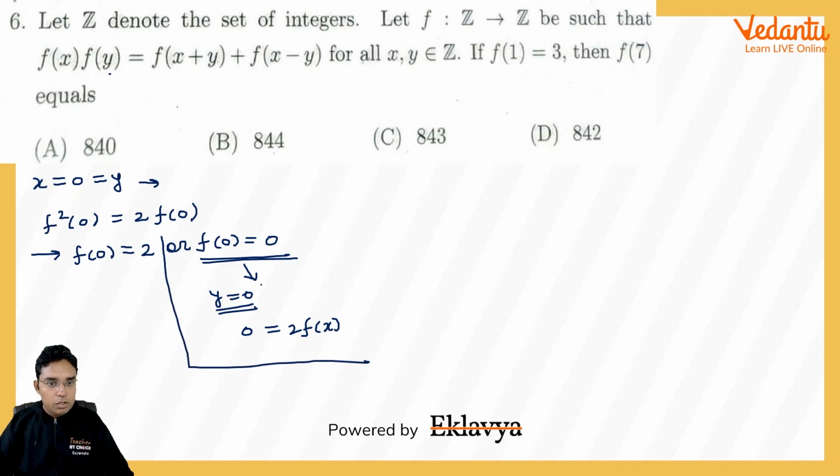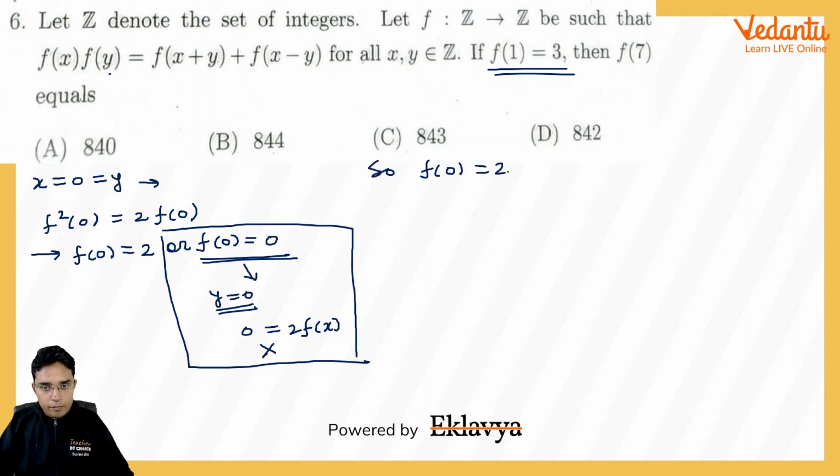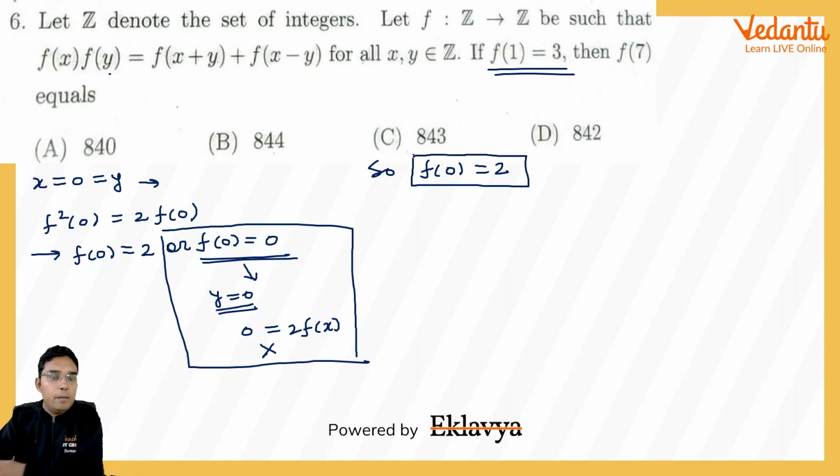Okay, so this you can see is not true because we are given f(1) is 3. So this is wrong, or I should say f(0) cannot be 0. So I can now say that f(0) is going to be 2.